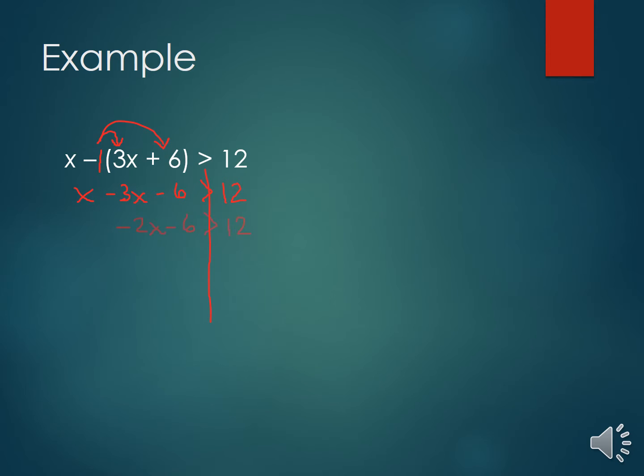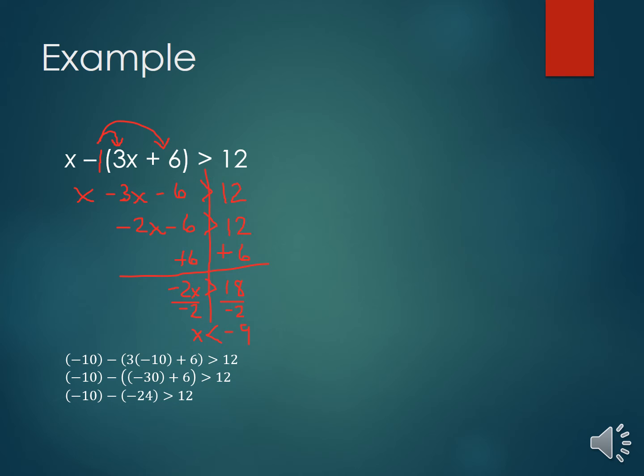I then combine like terms to get -2x minus 6 is greater than 12. I then add 6 to both sides to get -2x is greater than 18. Divide by -2 on both sides, switch the direction of the sign to get x is less than -9. The check is with using -10, because -10 is less than -9, is below, and it works.